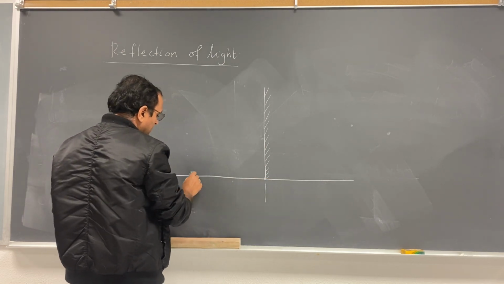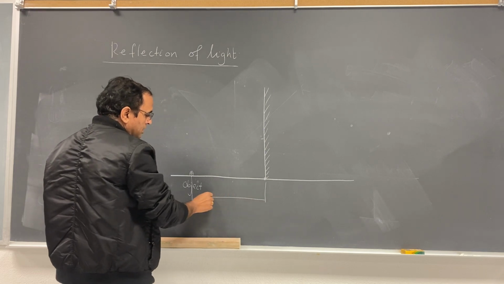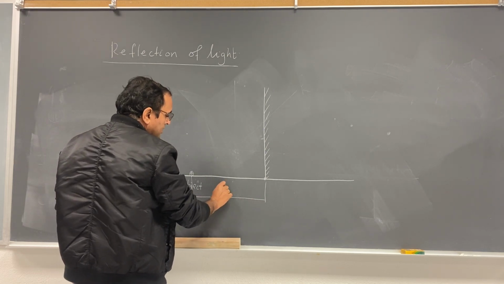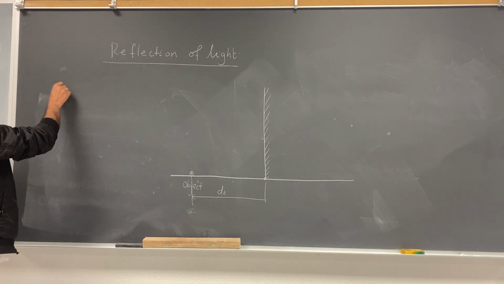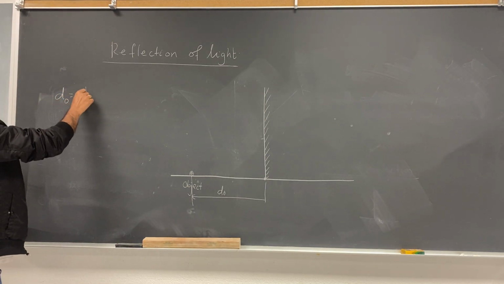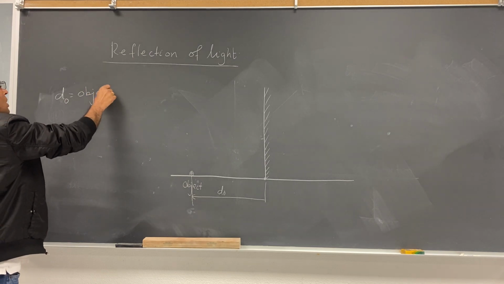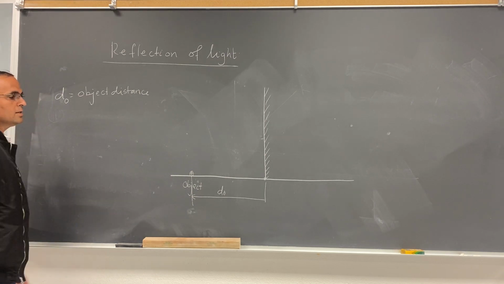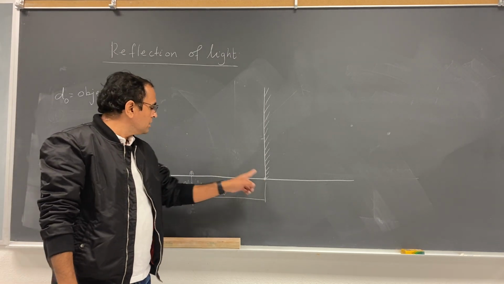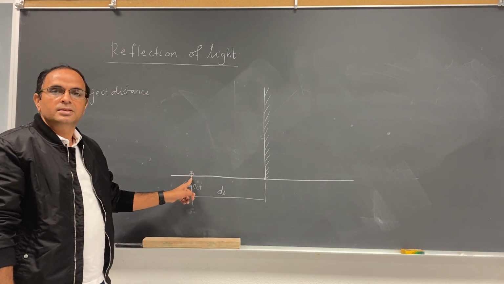This distance from here to there, you can call d sub O. D sub O is the object distance. What is object distance? The distance from the plane mirror to the object.